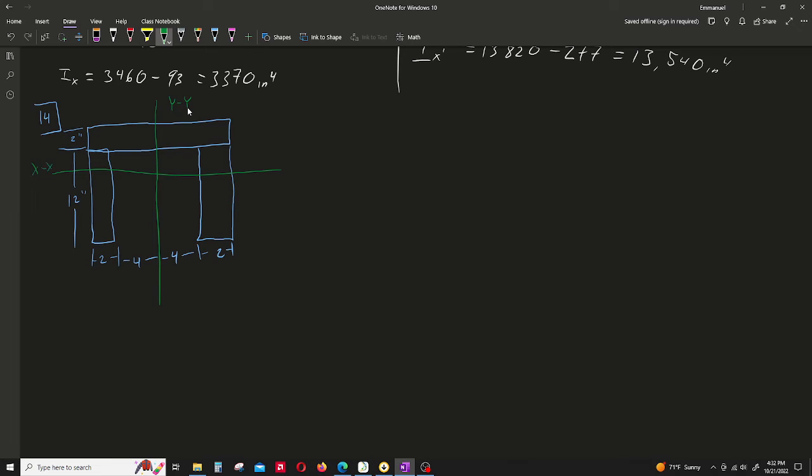Alrighty, so this is all the information that we have here. And we do know this is made out of timber, so definitely please make note of that.